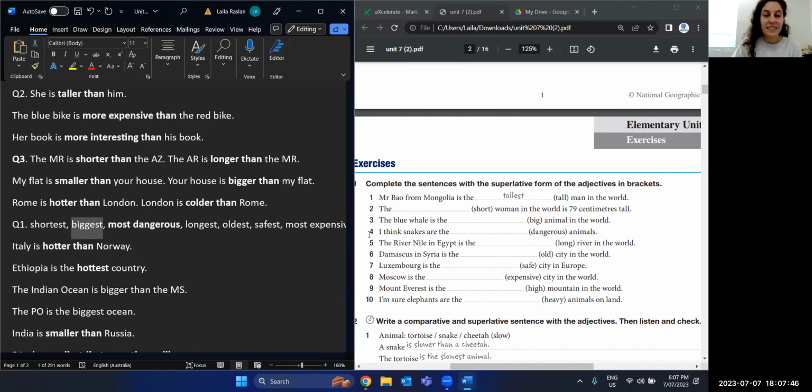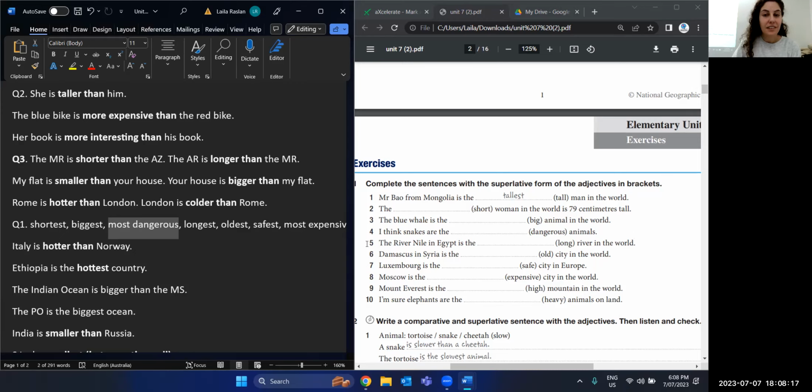And 4, Letizia. Yes, they're the most dangerous animals. If I want, I can put a full stop, or I can say, I think snakes are the most dangerous animals in the world. So it still means in the world.